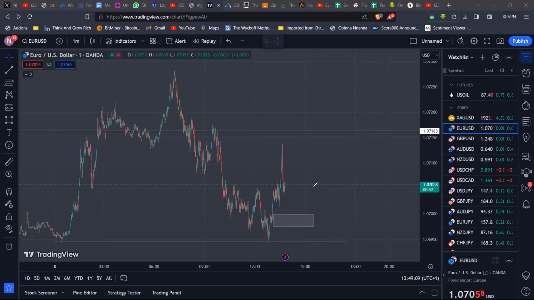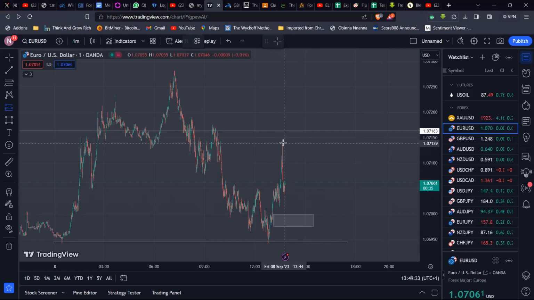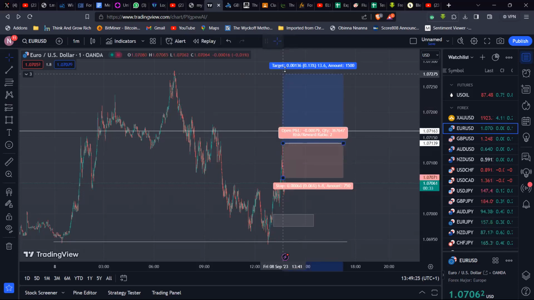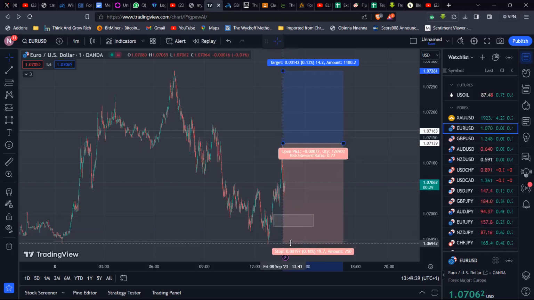Does that mean that if I buy here, my stop loss will be here? My first target should be at least this high. Now, risk to reward ratio. Imagine if I bought here and I'm targeting this high, my risk is this low.